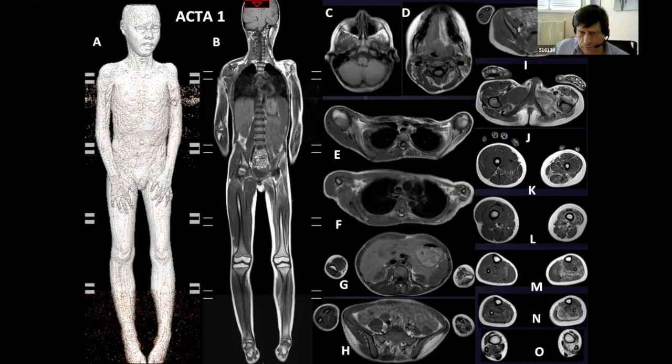very different for each patient. In this case, you have a total asymmetry of the muscle involvement. On the right side, you have a quite normal aspect, and on the left side, you have atrophy and fatty replacement of muscle.